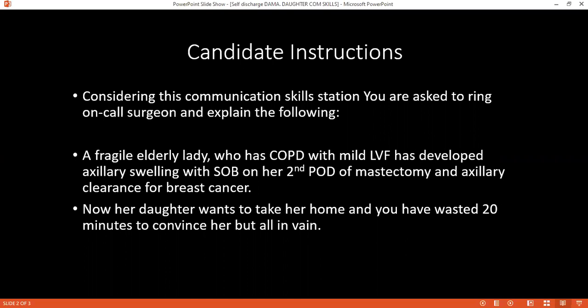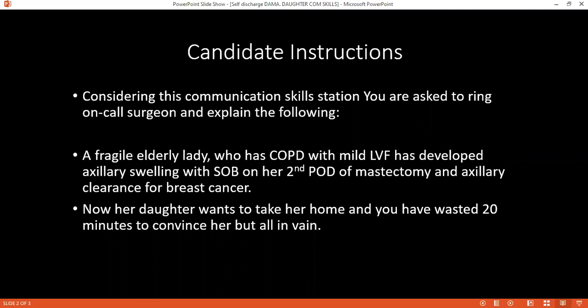I will check and get back to you on the output of the drain, but it's not yet less than 50 mils for 3 consecutive days, sir. But doctor, the patient is POD 2, right? Yes, sir. Okay. Doctor, the drain output, is it frank blood, fresh blood, or clotted blood, venous blood? The drainage output is effluent, there is no fresh blood in it.